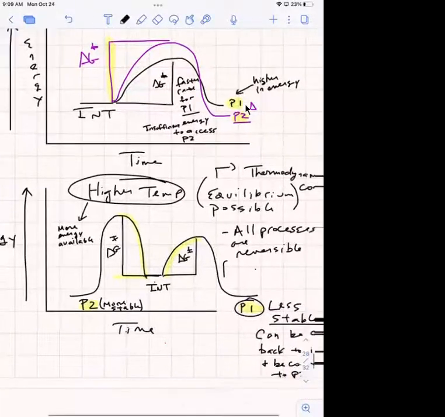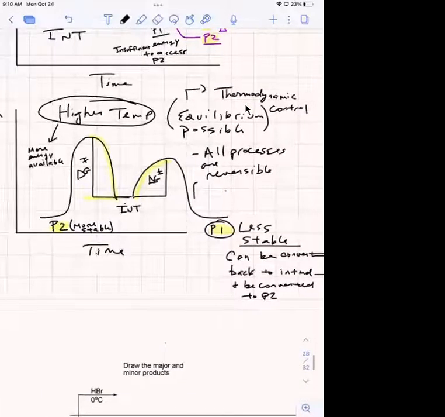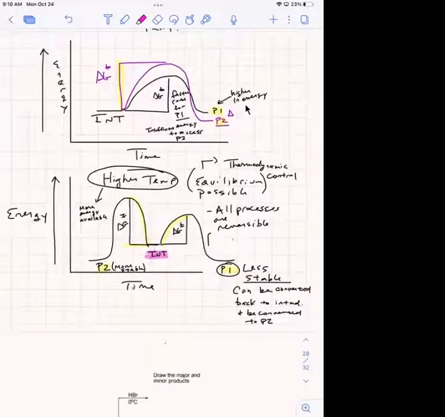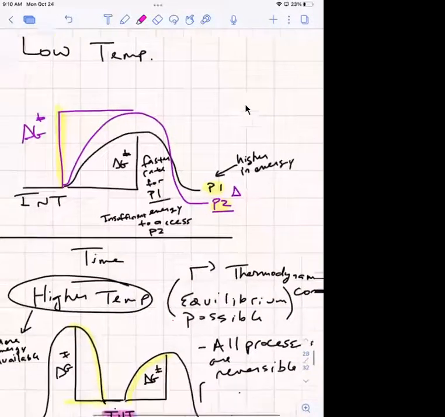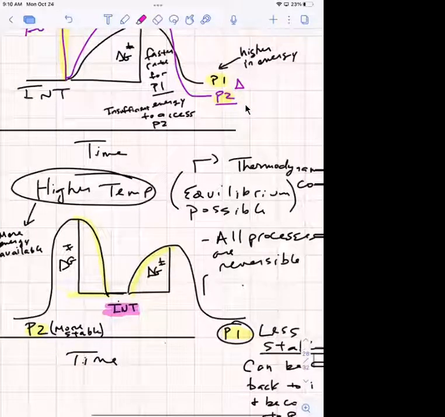Then if you increase the temperature, you set up an equilibrium. So the intermediate is here, and the intermediate can either go to the 1,2 product or the 1,4 product. And I think up here we had P1 was the 1,2 product, and P2 was the 1,4 product.